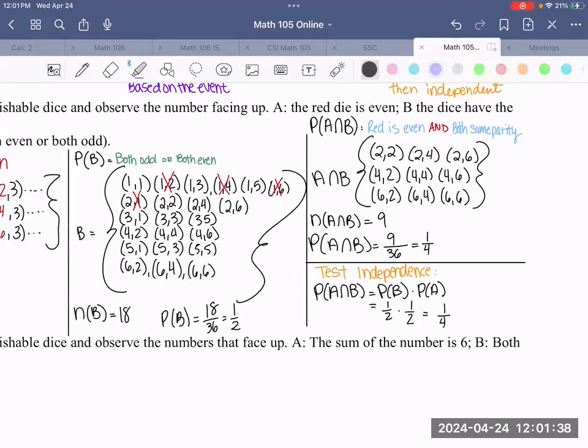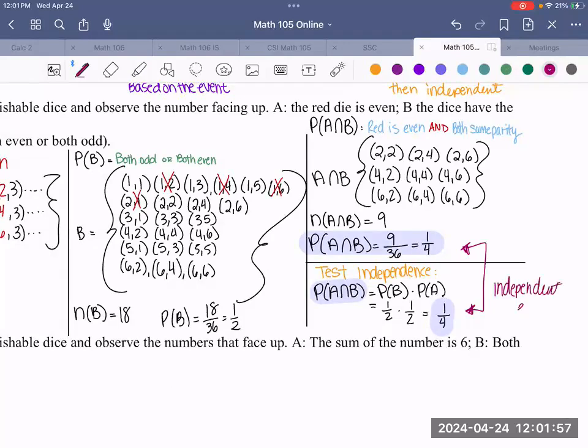Now, are they equal? Is this one equal to this one? Yes, they are equal. So what can we conclude? If they are the same, if they're equal, these are independent. So one does not cause the other.